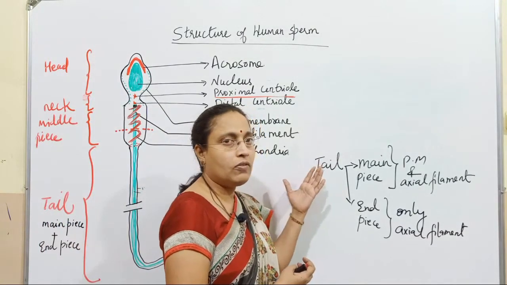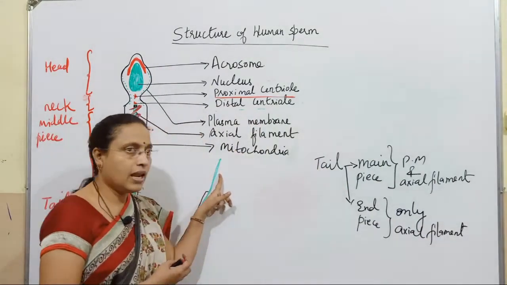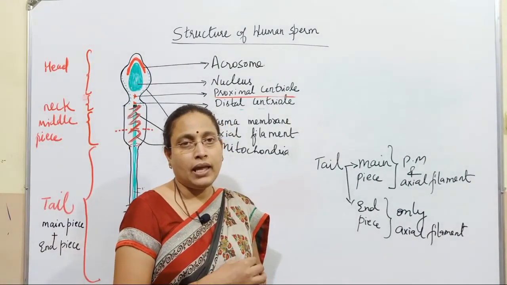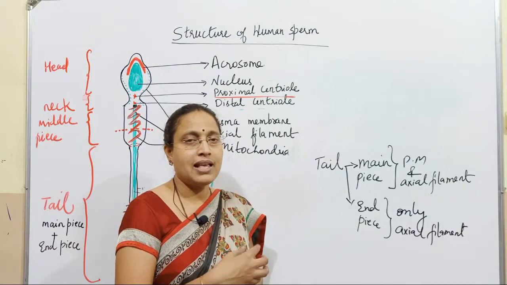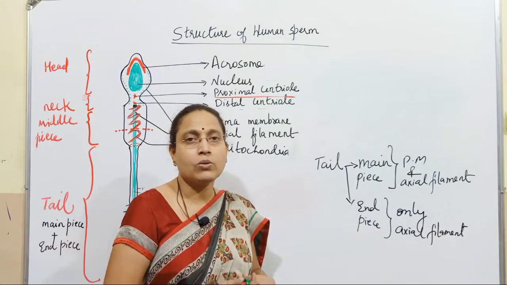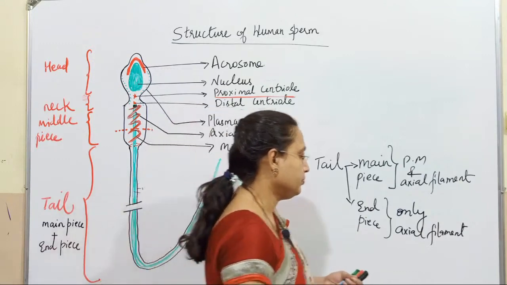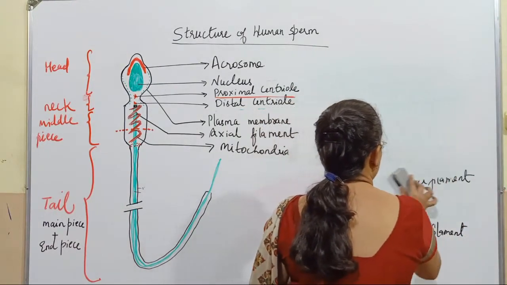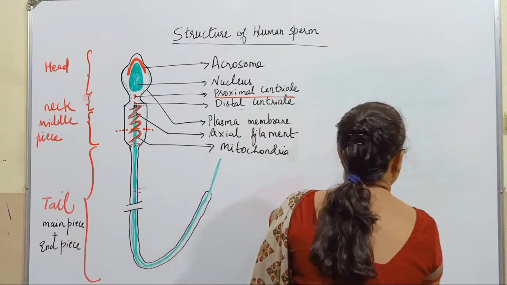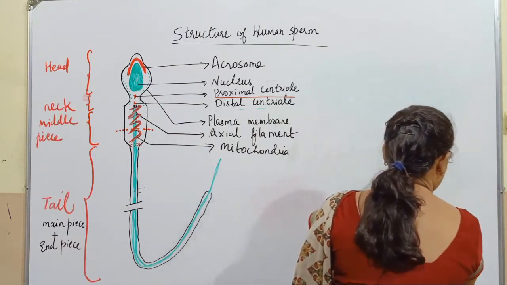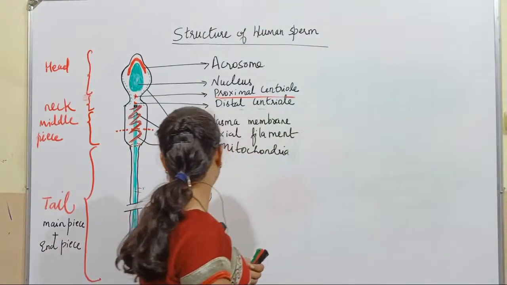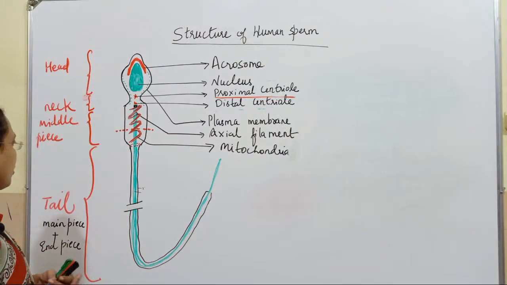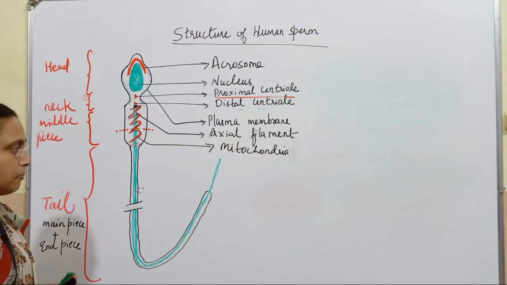Of course, movement of the tail in turn depends on these axial filaments, which utilize ATP molecules that come from mitochondria, called the powerhouse of the sperms. So this is the structure of sperms.